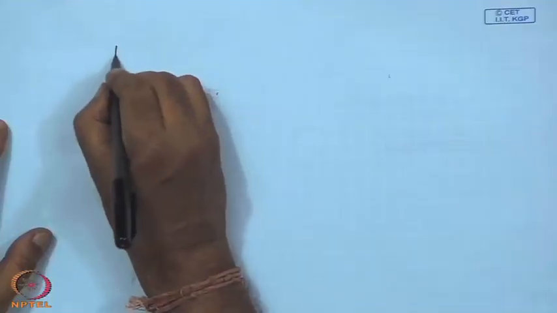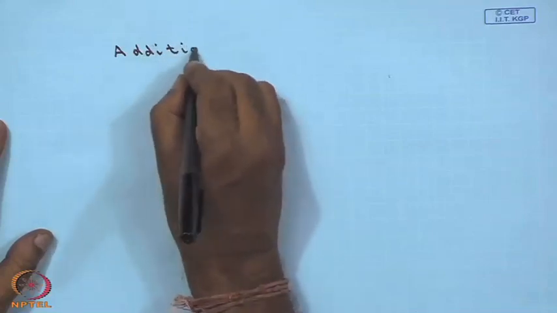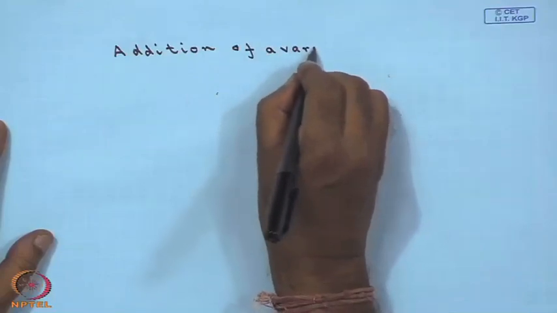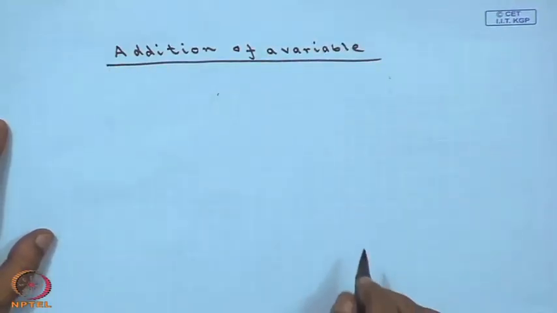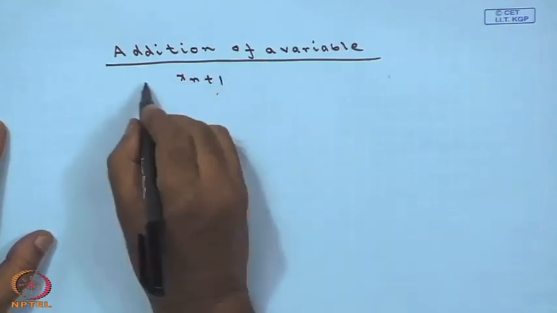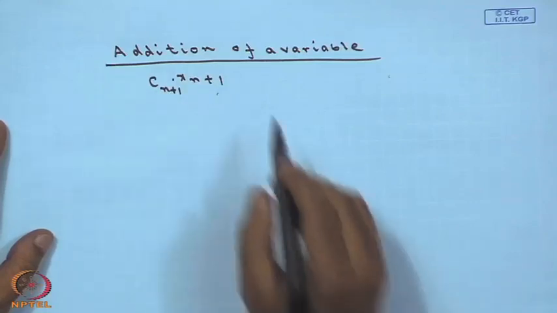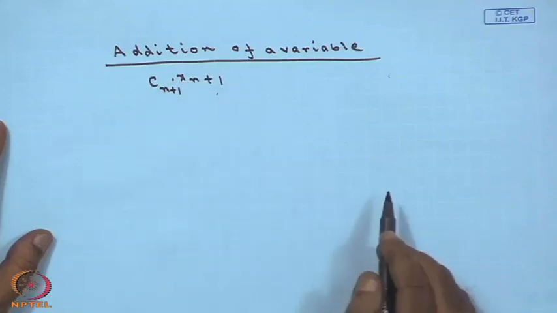Now, the fourth one is addition of a variable. Suppose you are adding a variable x n plus 1 whose coefficient is c n plus 1.